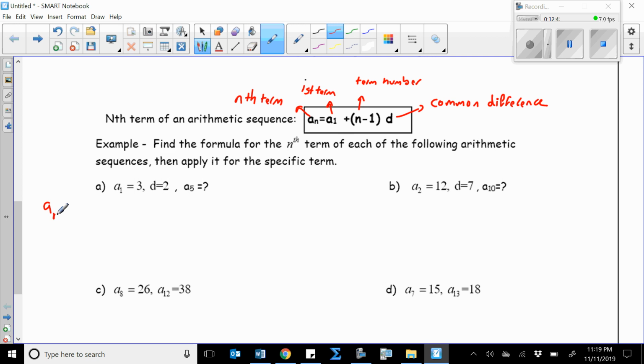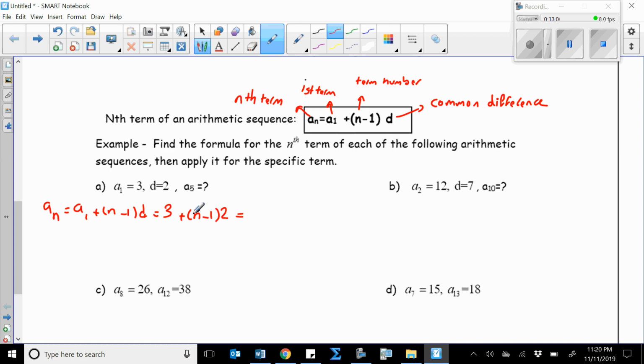To find an, we know that the general rule is this. A1 plus n minus 1 times D. A1 is given here as 3, so I'm going to replace that here. Plus n minus 1 times D, which is equal to 2.